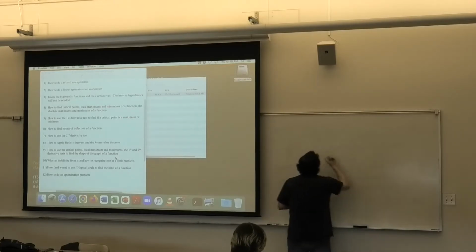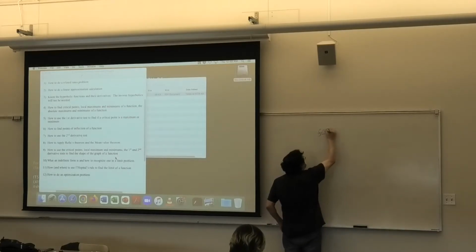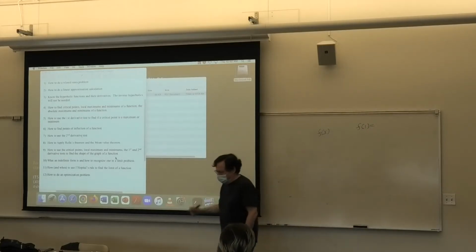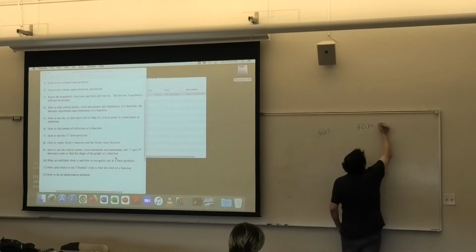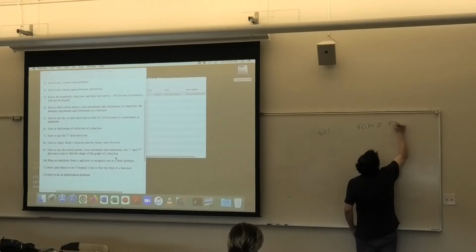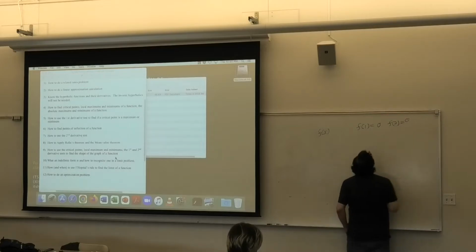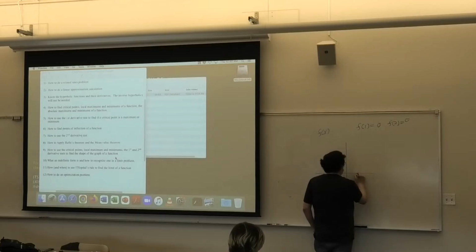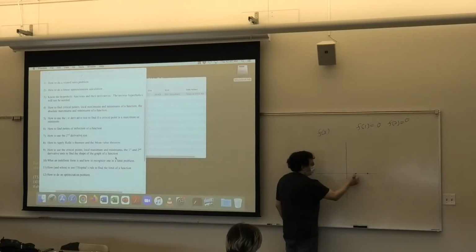So I give you some function, and you look at the function and you say, oh, well, f of 1 equals 0, and f of 2 equals 0. So that tells me the function goes through these points.